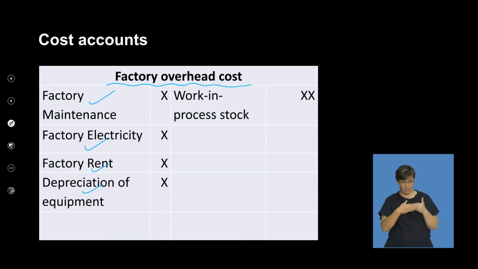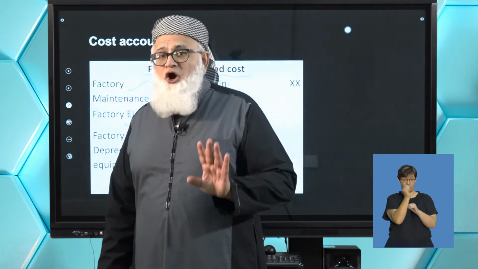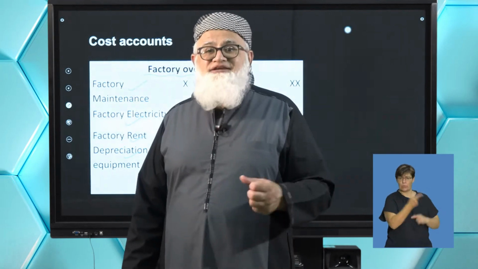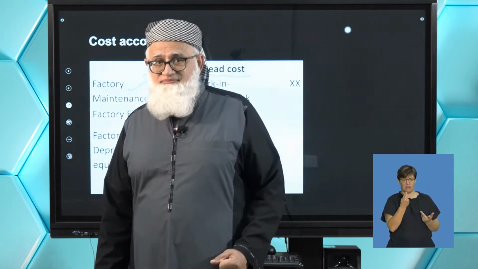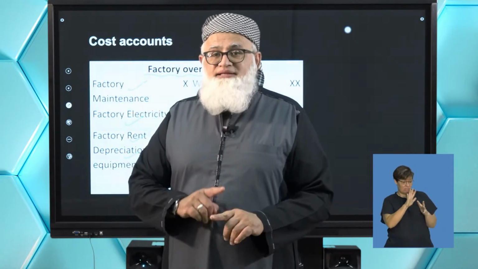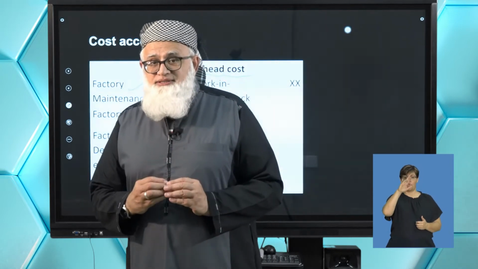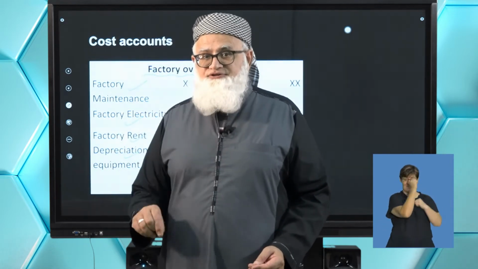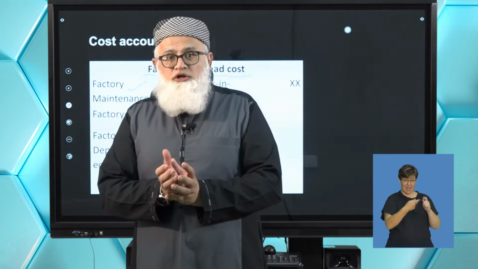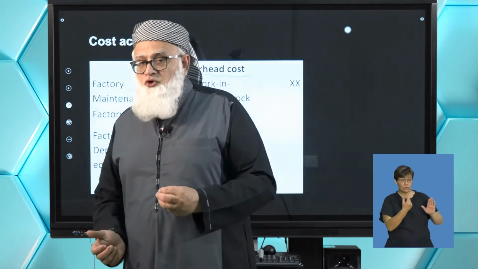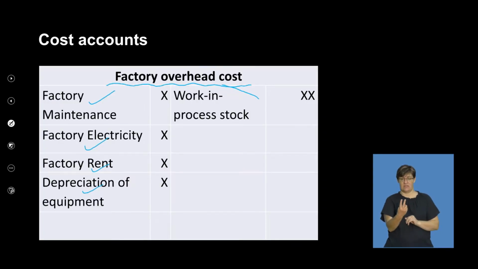Now be careful. In your factory overheads, if you put in something that doesn't belong to the factory, it is regarded as a foreign item. And a foreign item carries a penalty. So anything that has the word factory attached to it is indicating to you that that expense is in respect of the factory. Once you've accumulated all your expenses in your factory overheads cost account, then definitely what do we do? We transfer that into my work in process, and notice what happens.